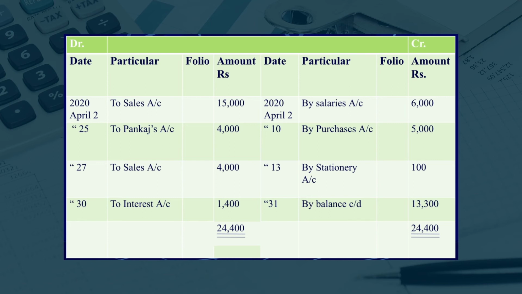So, in order to resemble the total of the cash account, we write here 13,300 by balance CD. So, if there is a debit balance, it means if the total of the debit side is more than the total of the credit side, we will use the word by balance CD 13,300.